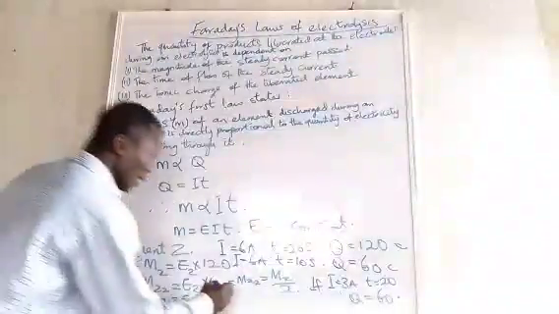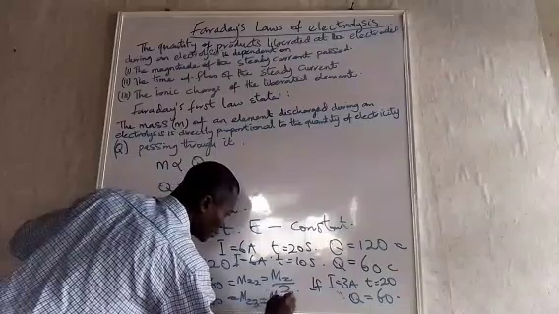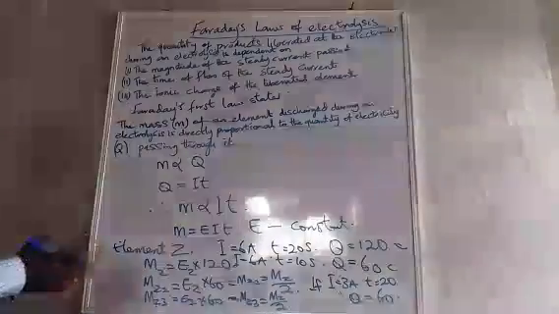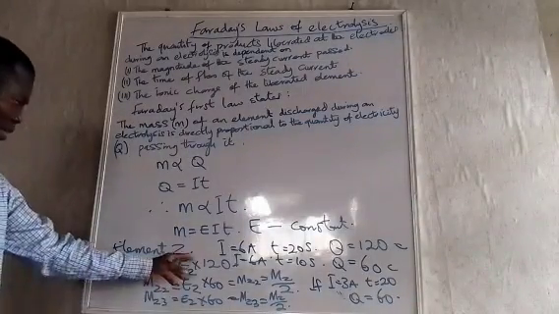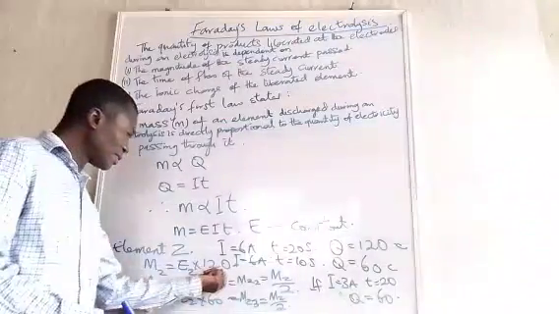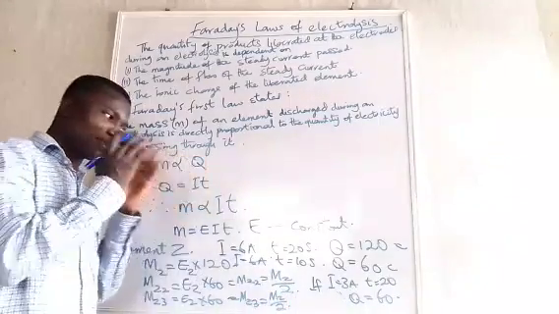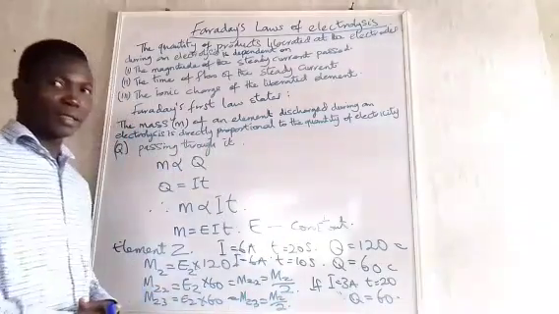You can see that M3 will still be M1 over 2. So when we are talking about the same element, these constants will be the same, and then the interplay of the time and the current will determine the quantity discharged at the electrodes.